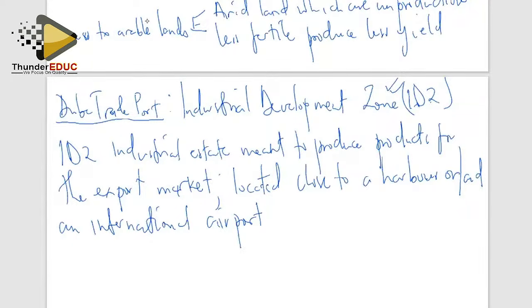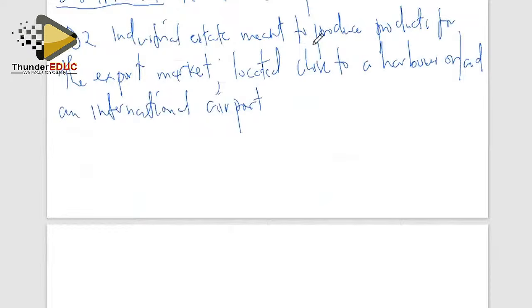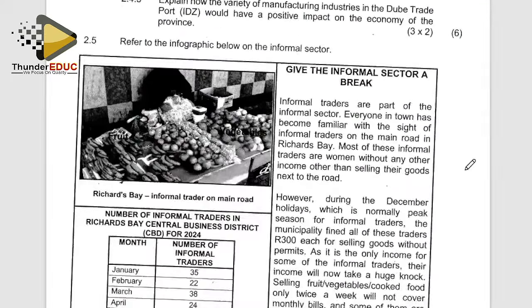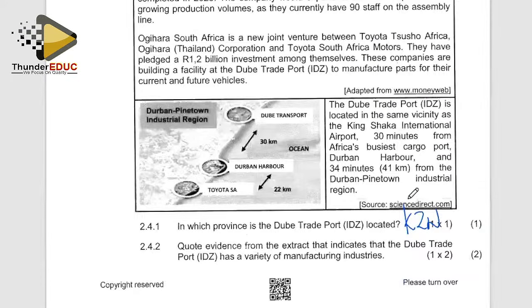How are they related to the Dube Trade Port? If we come here, it tells us that the Dube Trade Port is located in the same vicinity as the King Shaka International Airport, 30 minutes from Africa's busiest cargo port, the Durban Harbor.